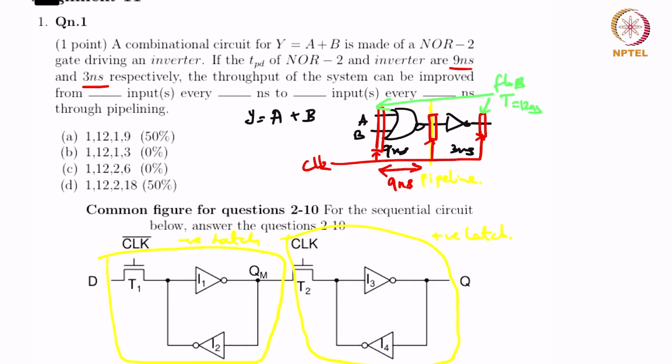Now after pipelining, you can reduce the time period to 9 nanoseconds with one input being fed. Also, within 18 nanoseconds you could process two inputs, so hence the throughput increases. So option A and D are both right.